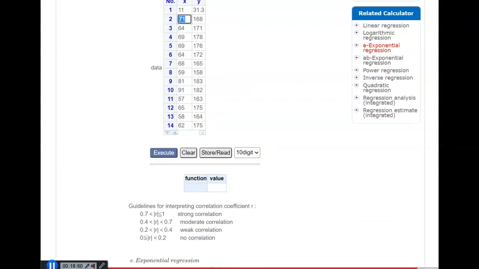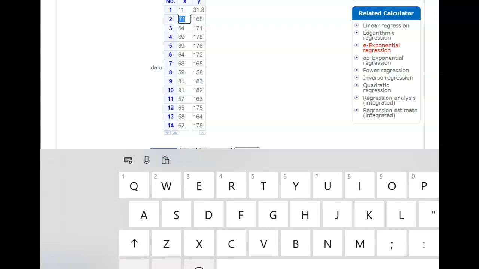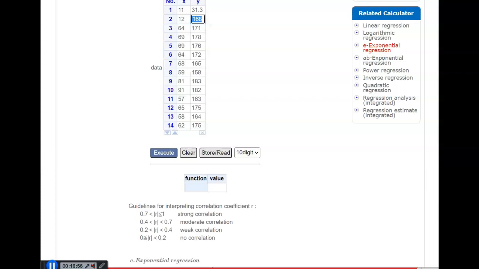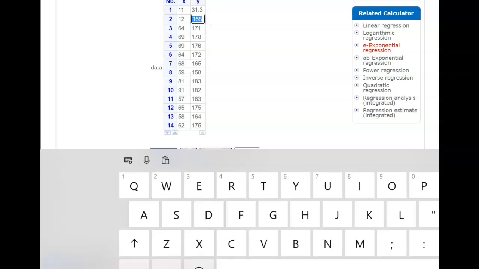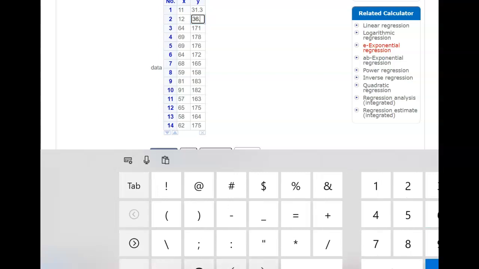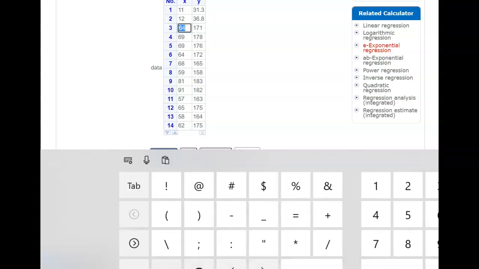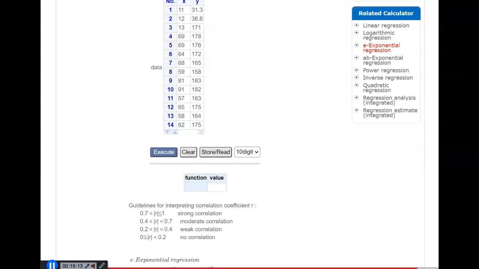Then for the next number, we are gonna have 12, and then for the y value, we will have 36.8. Then for the next year is 2013, but we only enter 13. And then for the amount of online spending, we are going to have 41.2.